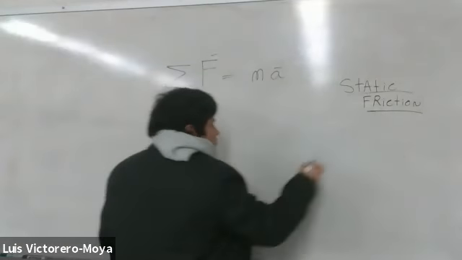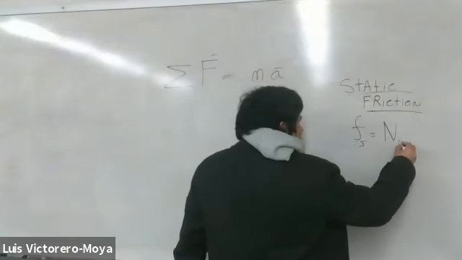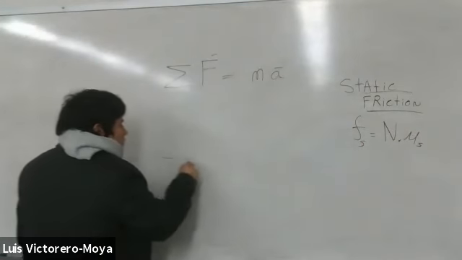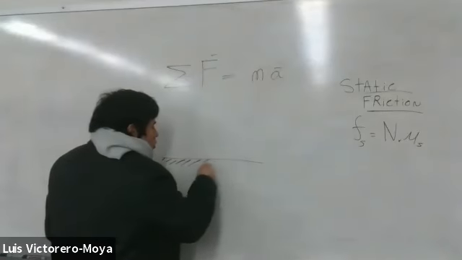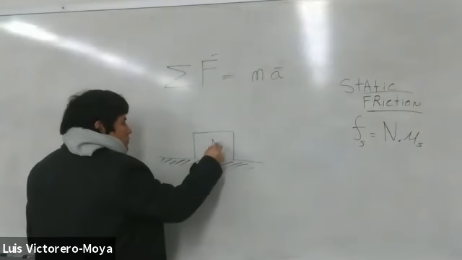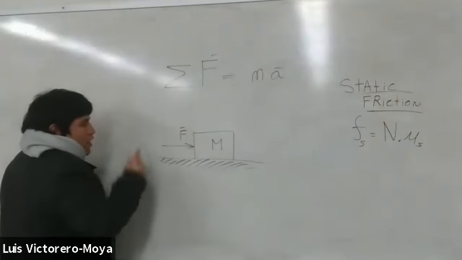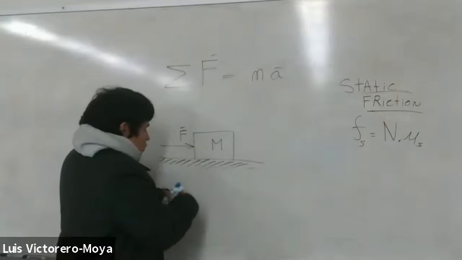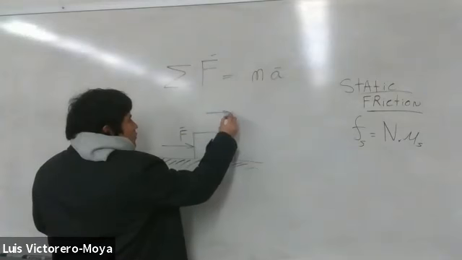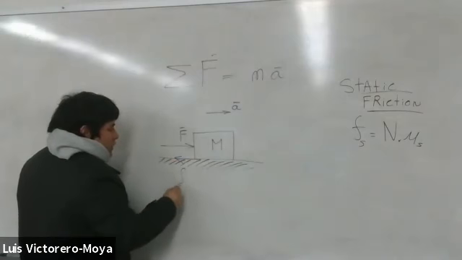So static friction, we can say, is Fs equals normal times mu s. And for the kinetic friction, once you move the body with some force, the friction acting on this object, let's say it's now moving with some acceleration, is the kinetic friction.